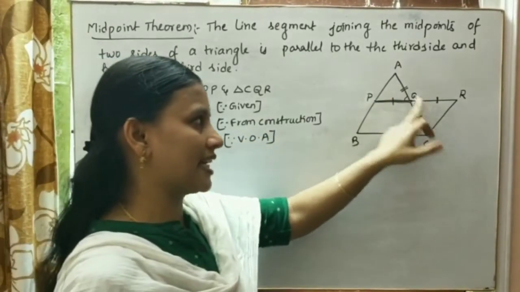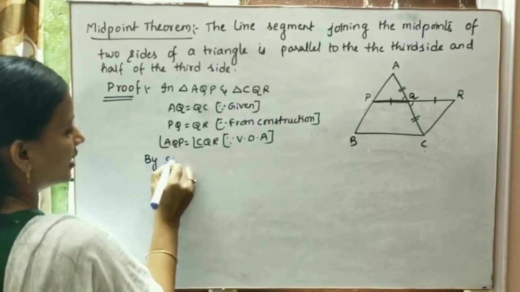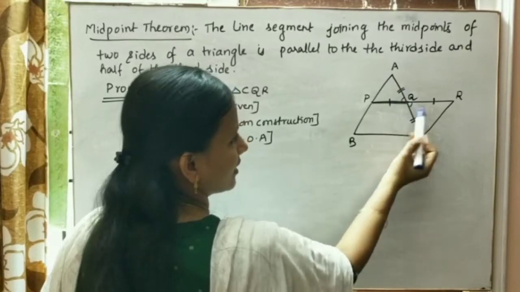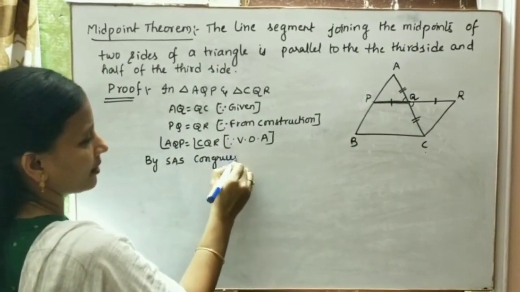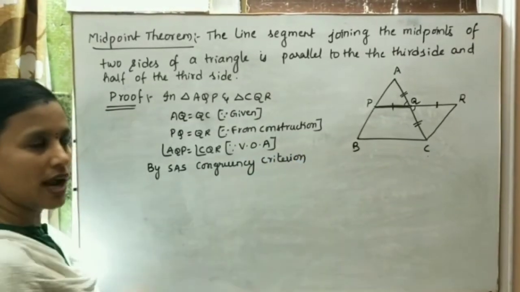By which congruency criterion are these two triangles congruent? By SAS congruency criterion. Side angle side. By SAS congruency criterion.